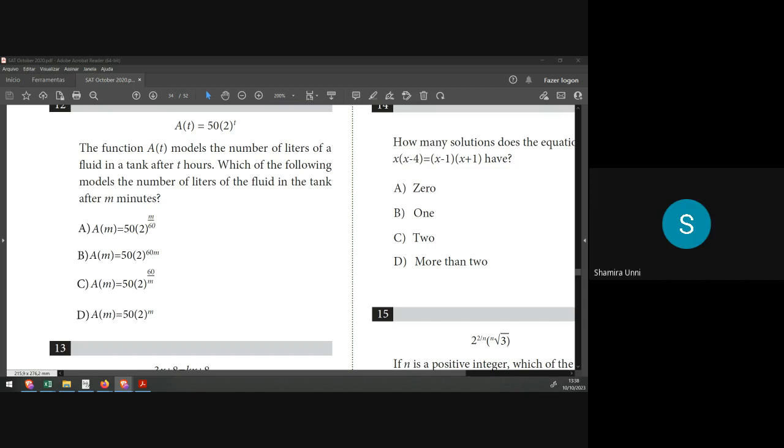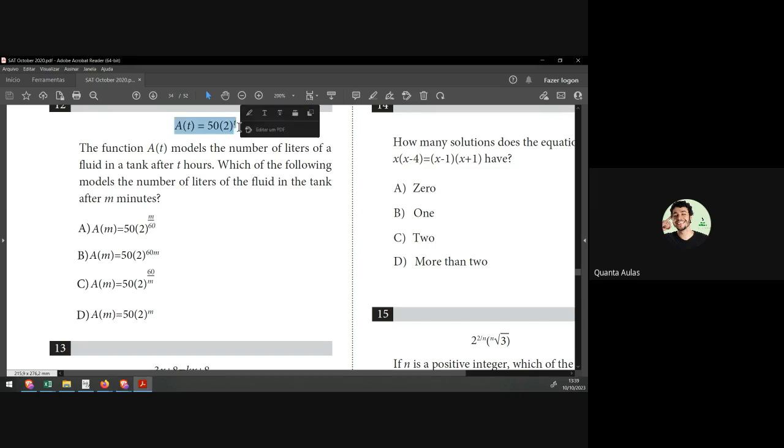So it's not B. I suppose it's A, okay? Because in this situation, we can put the hours here. For example, if we have 1 hour, we will have 100 liters.